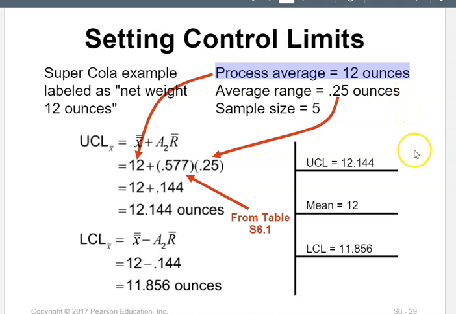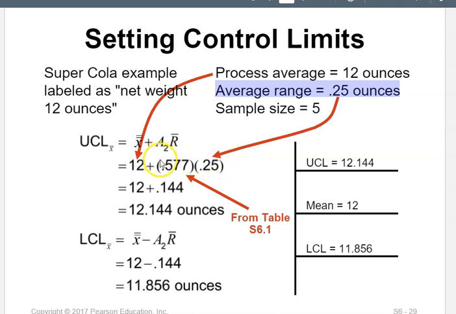Sometimes the question will give you the population's average, which is the same as Xbar bar. The average of the ranges is actually calculated and given to us, so we don't have to calculate it.